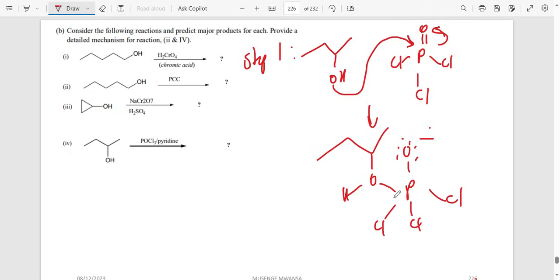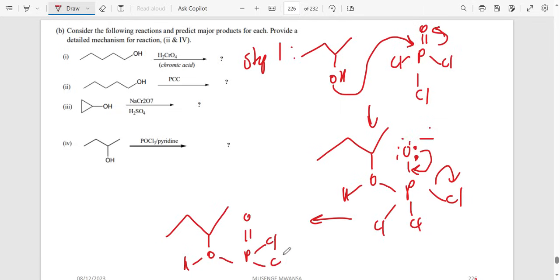What is going to happen next? Okay, so a double bond reforms, 1 chlorine leaves. And here we're going to have phosphorus, double bond to oxygen, and then you only have 2 chlorines. So don't forget this is supposed to be positive here.